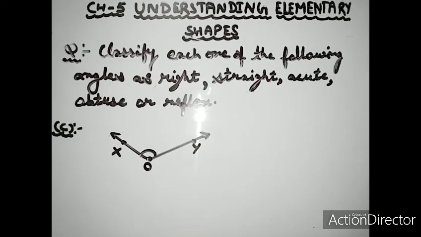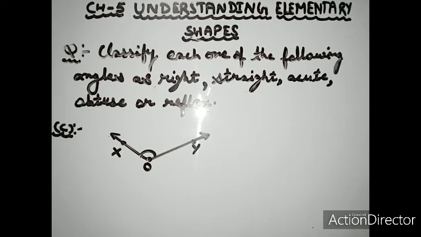Now students, here we again measure this angle, because here we find which one is a right angle, straight angle, acute angle, obtuse angle, or reflex angle, right? So here first we measure this angle and classify accordingly, right?